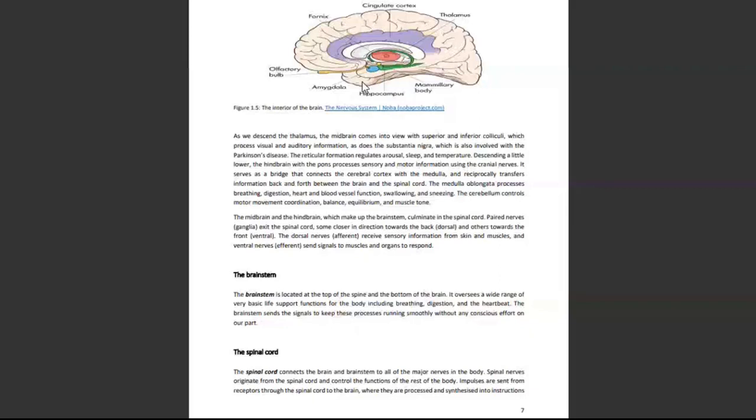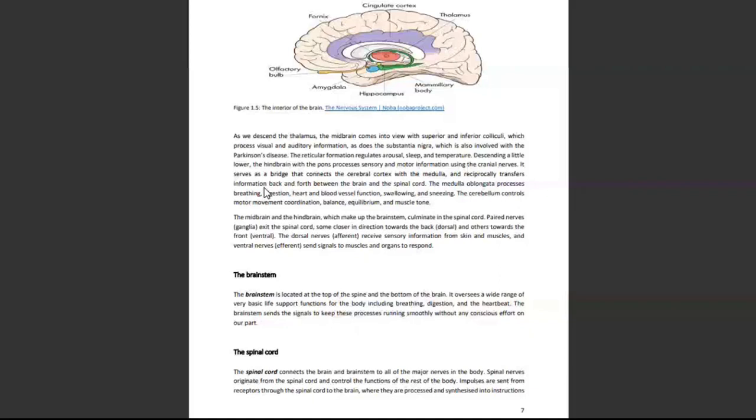As we descend the thalamus, the midbrain comes into view with superior and inferior colliculus, which process visual and auditory information. You see, like I've said, for you to remember these parts of the brain, you need to highlight them and break them down, because they are straightforward. Straightforward, what do I mean?